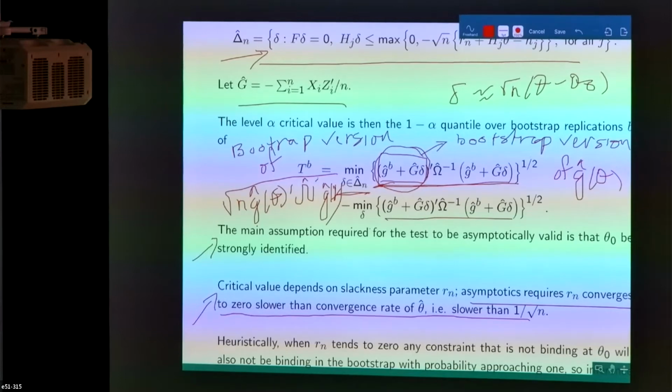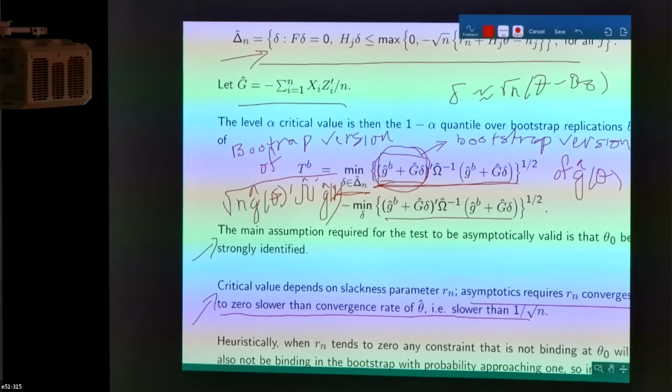In this parametric case, that's 1 over root n. Okay, so that's what I'm imposing here. If this is non-parametric, and in the paper we do the non-parametric case, then it would have to be slower than the non-parametric rate for the restricted estimator.